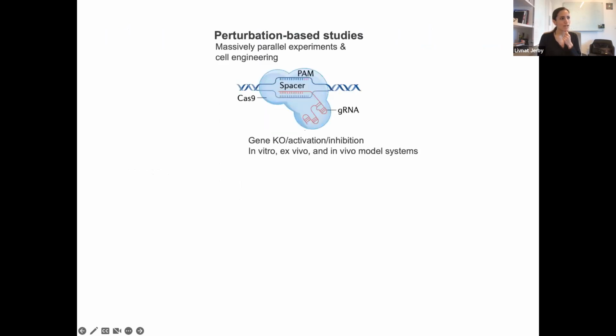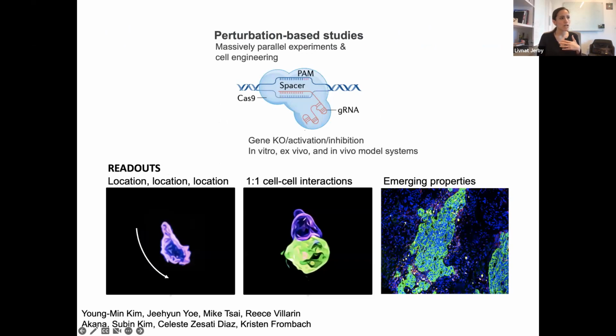We're also generating the data that we need in order to train these models using perturbation-based studies with massively parallel experiments and cell engineering using both the genetic and epigenetic perturbations of knockout, activation, inhibition across in vitro, ex vivo, and in vivo models. And on top of these molecular readouts, we also have functional readouts of cell location, cell-cell interactions, and emerging properties.